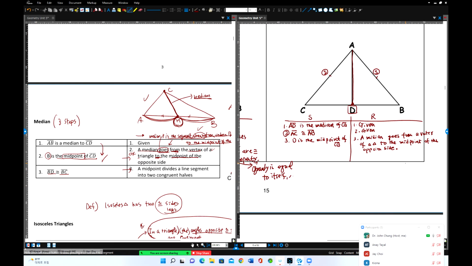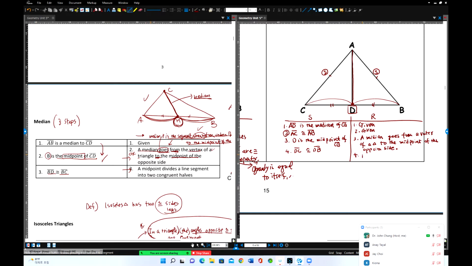Now we've got the midpoint. Using the midpoint, now you can say these two sides are congruent. Now make the conclusion: CD congruent to DB, or you can use DC, that's okay too. DC and DB, the other side, are congruent. What's the reason? The midpoint divides a line segment into 2 congruent segments.